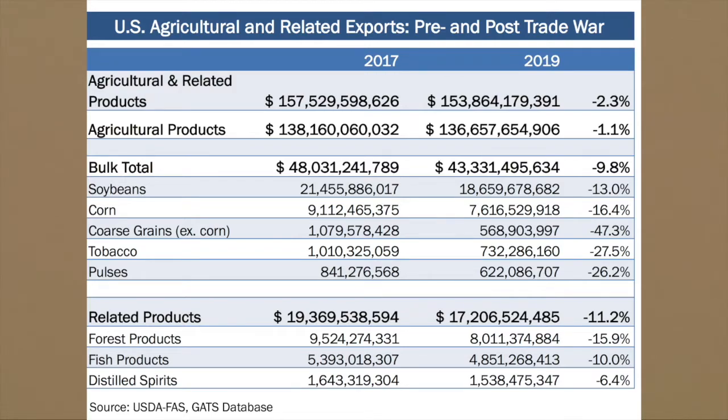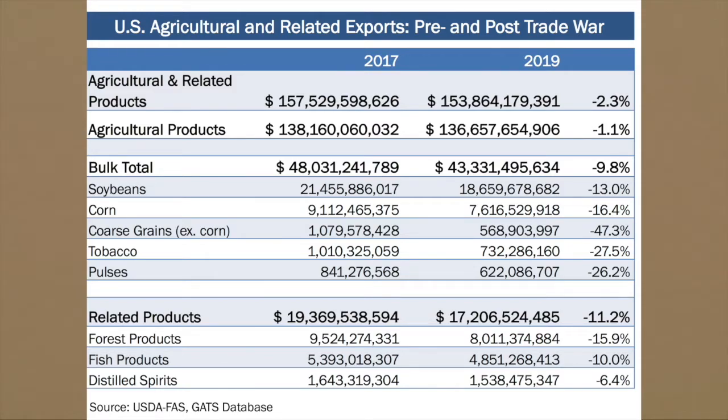But if we break this down by individual commodities, you'll see that not all commodities were created equal in terms of how they were impacted by this trade war with China. Soybeans down 13%, corn down 16%, coarse grains, so that's excluding corn, down 47%, tobacco down near 30%, pulses down 26%, forest products down 16%, fish products down 10%.